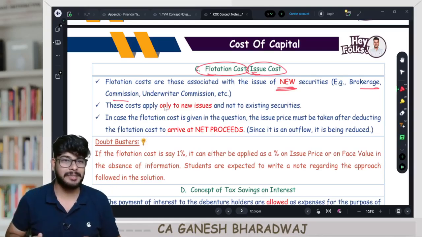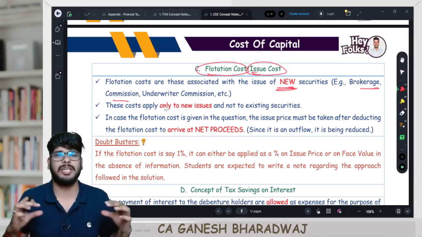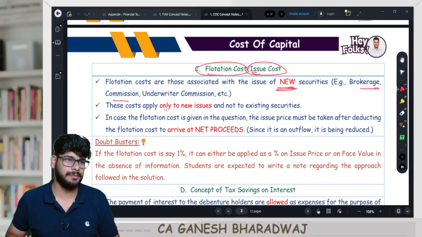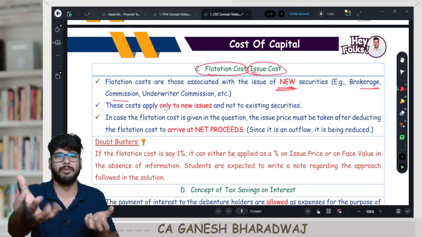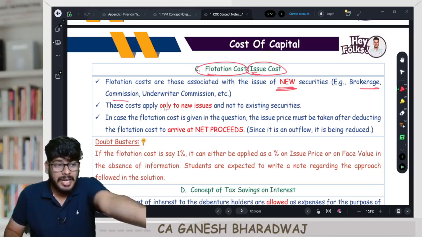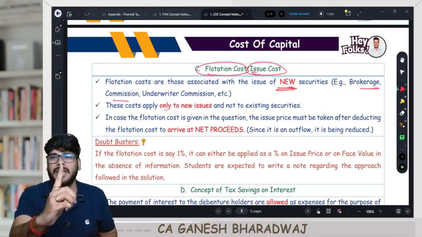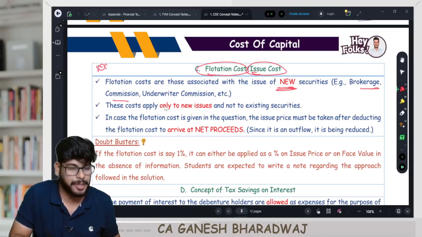Now in that case, what are we dealing with? I told you in this chapter, any cost from any source of finance is nothing but the IRR calculation. We are going to match the inflows with the outflows. From the viewpoint of the company, let us say every share is issued at 100 rupees.